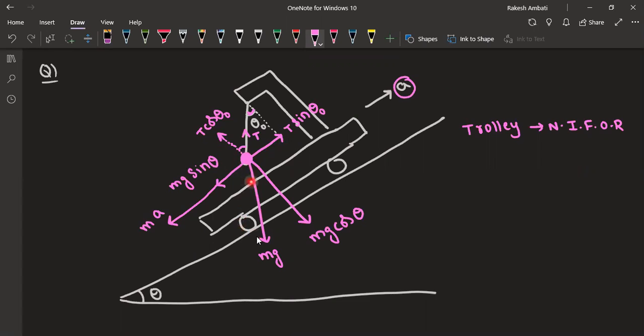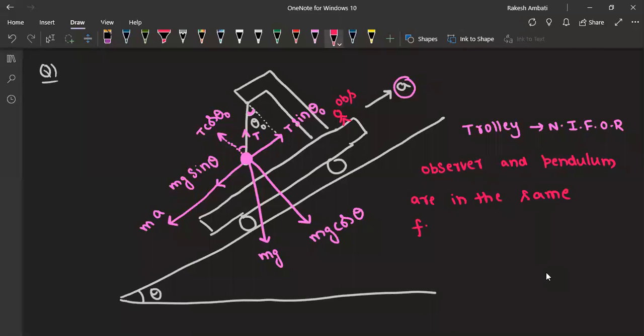We have the weight and its components, and the tension force components. The trolley is a non-inertial frame, so we also have to consider the pseudo force. For example, I am taking the observer also in the same frame, the trolley frame. So the observer and pendulum are in the same frame.